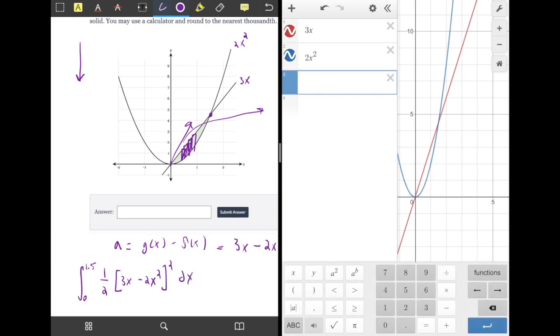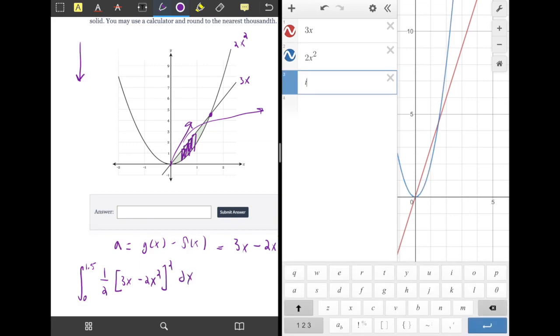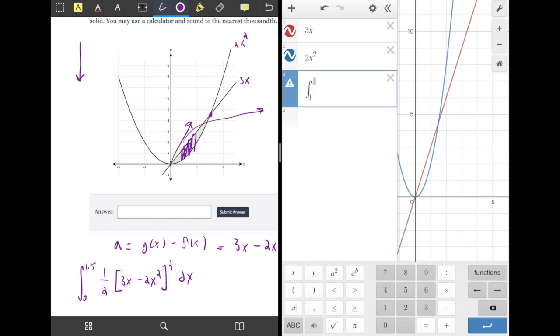And so let's go ahead and take that integral here, int, from 0 to 1.5 of, let's put this all in. Well, let's do the 1/2 first because the 1/2 doesn't get squared. Careful, it's 1/2 base times height, which is 3x minus 2x squared. Careful, all of this is squared as well.